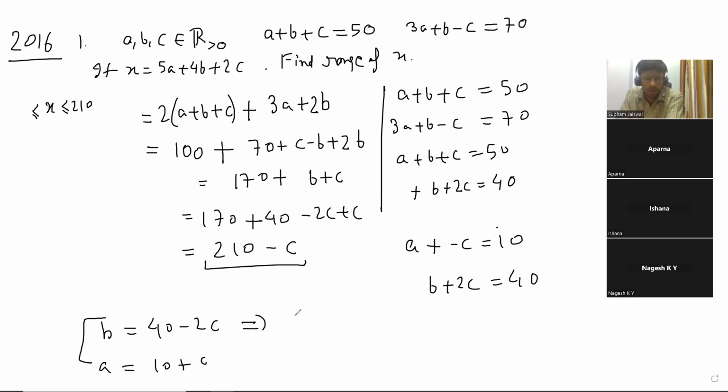Right. So this implies that C is less than 20. So then I think you can just put C equal to 20 and see if you get a positive solution, right? Right. So that's your extreme case, and you can just check if it gives a positive solution. And I think it does.